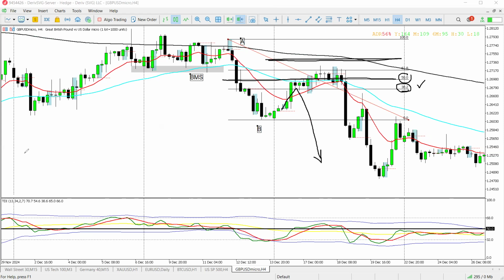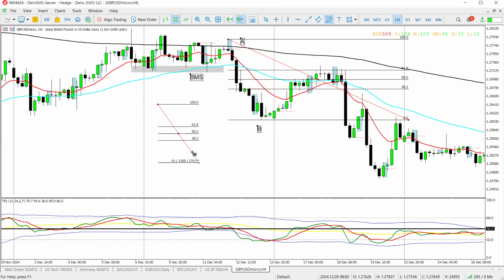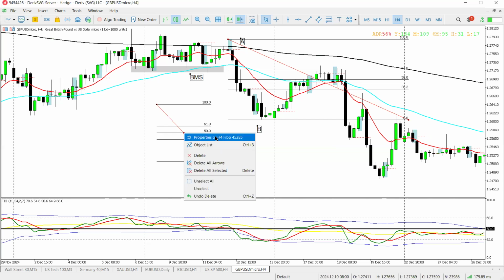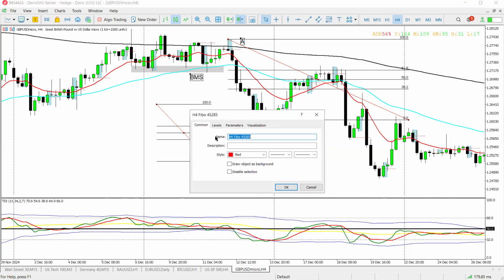What you're going to do is take your fib tool and put it on your chart like this. As long as these dots appear, you want to right click, then come to properties. Once you come to properties, you can change the color of your fib. You see mine has got that red line from point A to point B. You can change it under style here. That's where you can change that color.